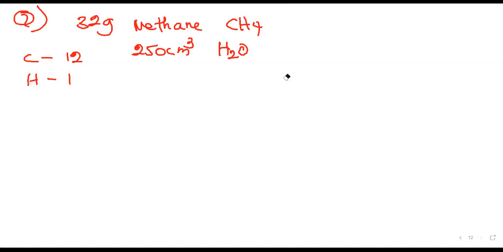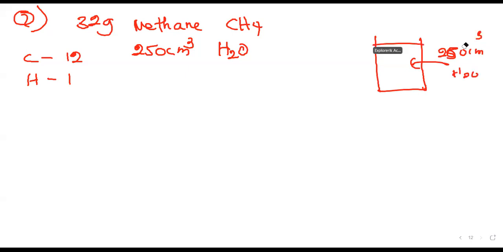Done. Right. So what do they tell us? They tell us that they have used 250 centimeter cubes of water to dissolve 32 grams of methane. Okay. So we need to find out the number of moles. We don't know.